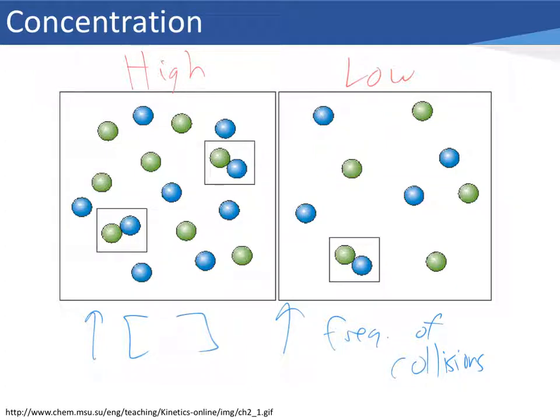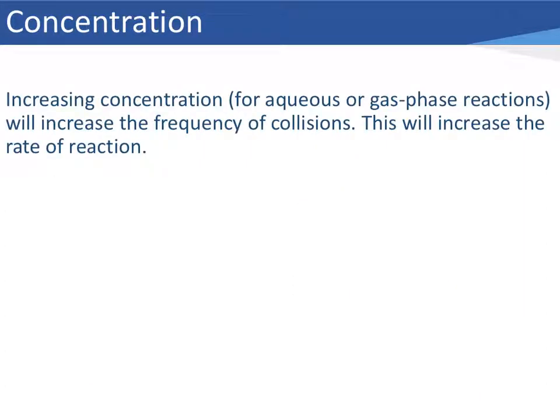But if 10% of all the collisions are successful, and I have more collisions per unit time, I'll have more successful collisions per unit time. So the rate increases. Increasing concentration for aqueous or gas phase reactions will increase the frequency of collisions and thus will increase the rate of reaction. Again, this is a restatement of what we just talked about with slightly nicer print.